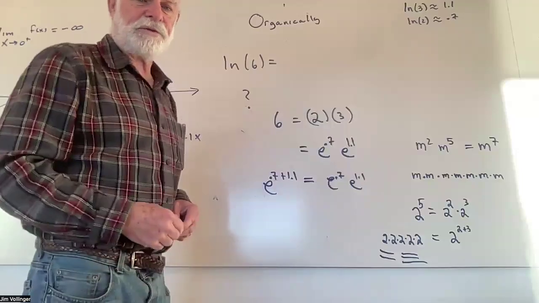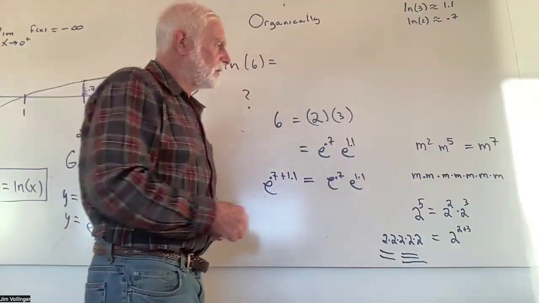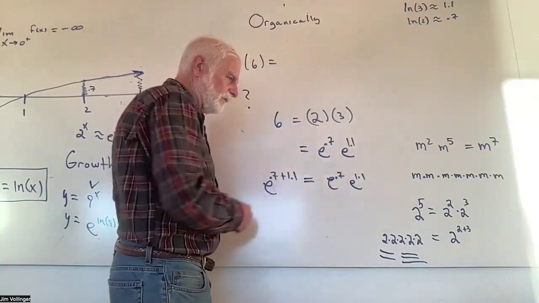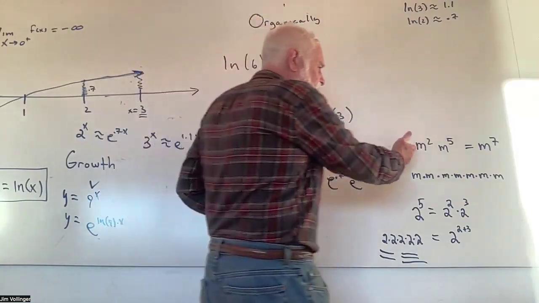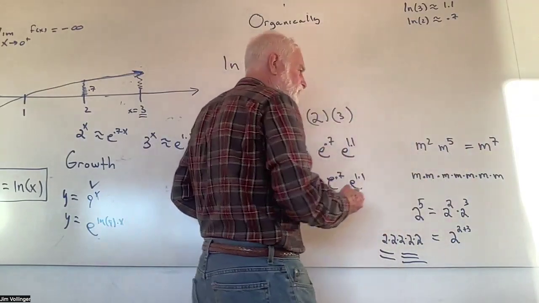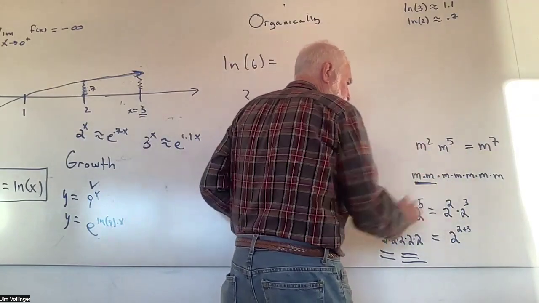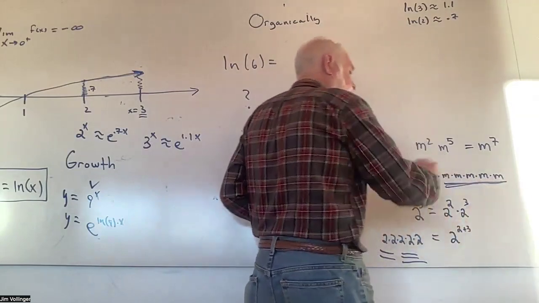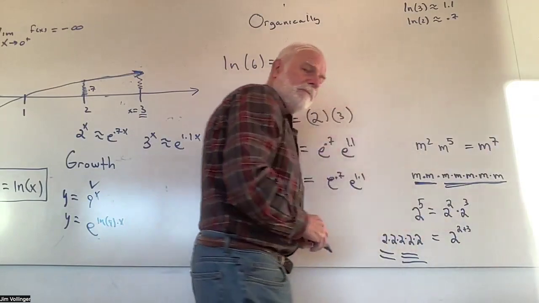All right, and if you're just starting your algebraic studies, let's look at a situation that helps you see the addition of the exponents here. Let's just look at m squared times m to the 5th equals m to the 7th. What I'm suggesting is m squared, we have m times m, to the 5th, we got 5 of them here. And if you count them, you've got 7 of them.